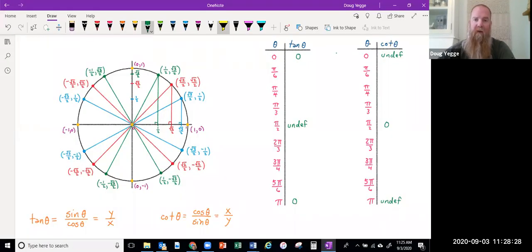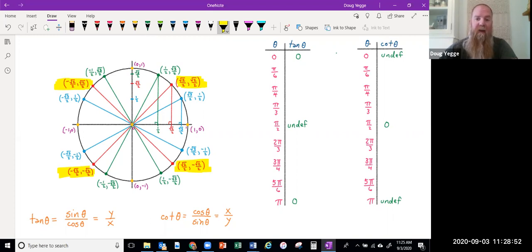I'd now like to take a look at all of the pi over 4 reference angles. If we take a look at the pi over 4s, notice that those are the values that are halfway into each quadrant, okay? And since tangent is y over x, I'm taking root 2 over 2 and dividing it by root 2 over 2. I'm dividing by itself.